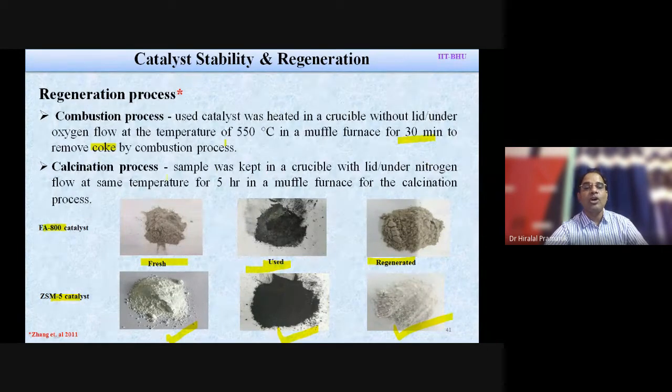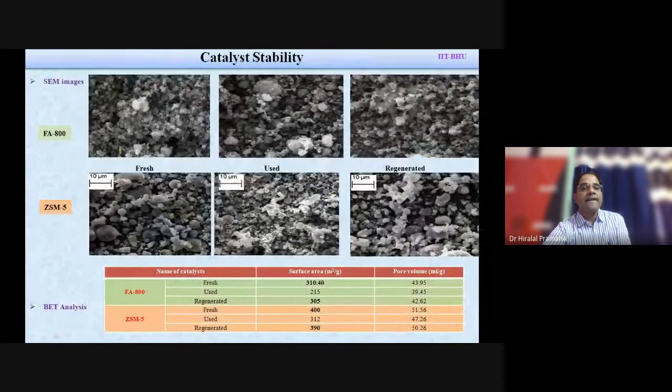Okay, what we got was this type of catalyst, which looks like a fresh catalyst. These are the same images, right? This is fresh, this one is regenerated, and in between is the used one. So by visual observation, you cannot differentiate to that extent.